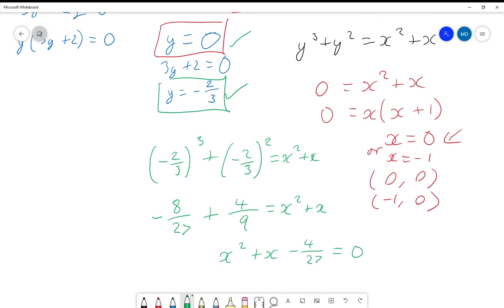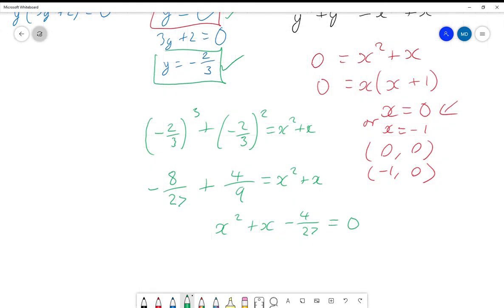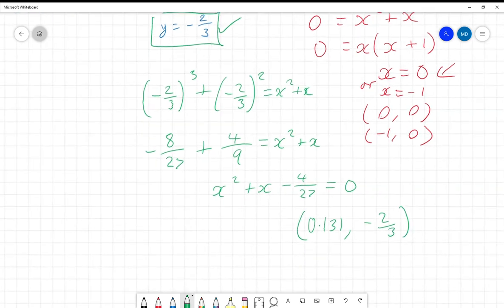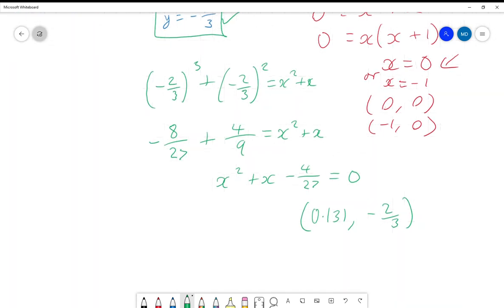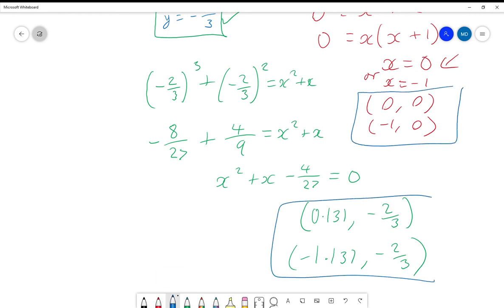And at this point you would just use the quadratic formula, and you would find that your 2 points were going to be 0.131, negative 2/3 and minus 1.131, negative 2/3. And there we go. We have that, and we found all 4 points where the graph is instantaneously vertical.